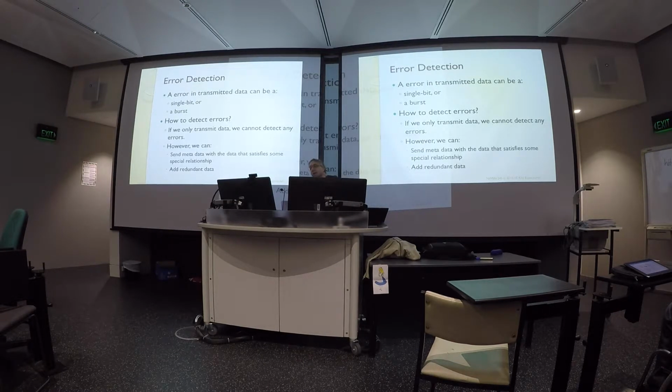But as far as the actual thing you're trying to send, or telephone calls you're trying to make, the metadata has no actual relationship with that message. In this case, we can use this metadata that we put in the header to satisfy some special relationship, so some computation. We can also add redundant data, and we might have to do both of those things in order to detect whether our data is good or not.